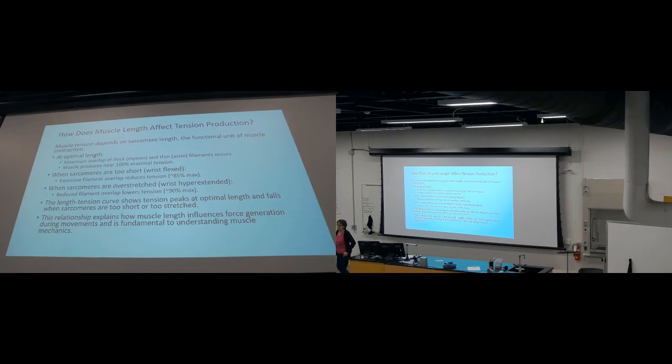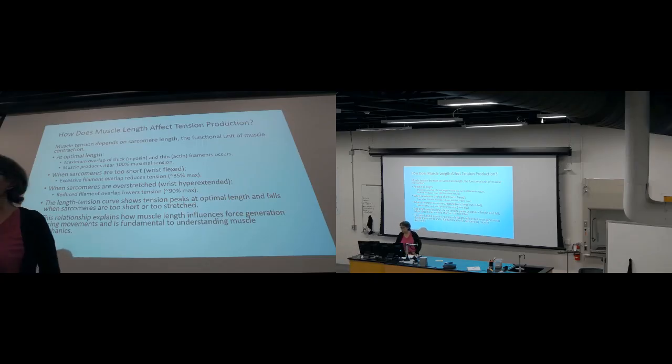And then the tension itself depends on the length of the sarcomere. So you have an optimal length in which you have the maximum overlap of myosin over actin. So that produces 100% tension. The minimal, if you don't slide completely your actin over myosin, it's not going to give you as much tension.